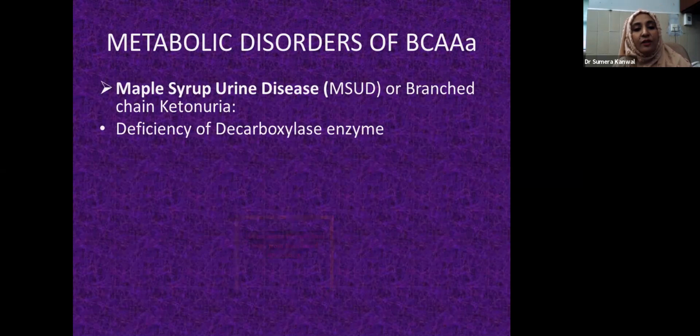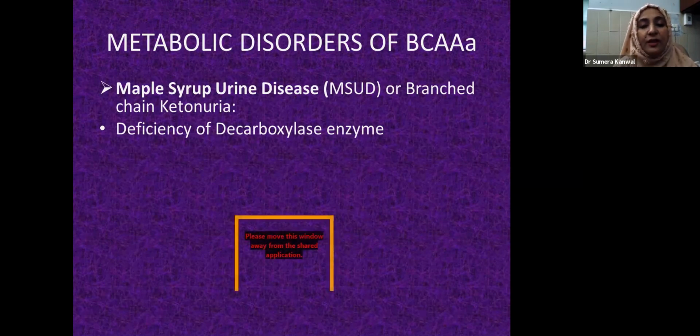This is because of the deficiency of the enzyme decarboxylase or dehydrogenase that catalyzes step number 2 of their catabolism. After the first step, which is transamination, these branch chain amino acids convert into alpha keto acids: alpha keto isocaproic acid, alpha keto isovaleric acid, and alpha keto methylvaleric acid.